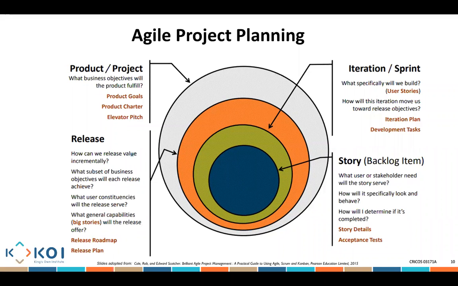What are we going to do during the sprint? During the sprint, we are going to work on very specific aspects relating to that sprint. We're going to choose very specific user stories to work on at any point in time. What are we going to actually work on and build exactly? How will this iteration move us towards a release objective that we specified under the release section?